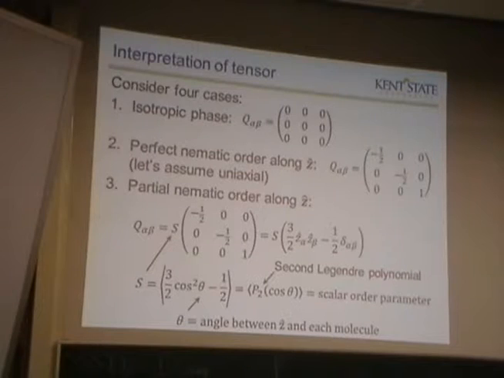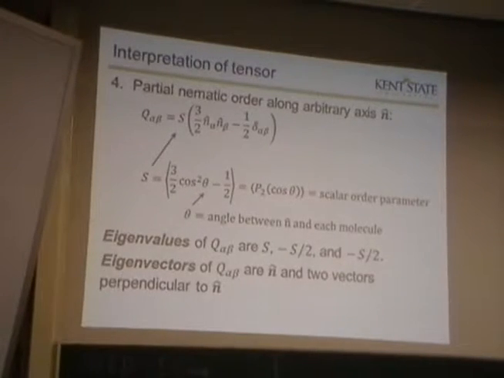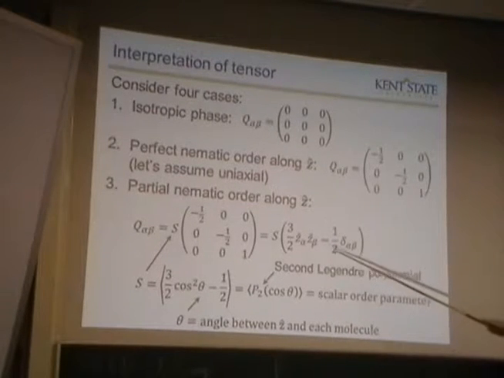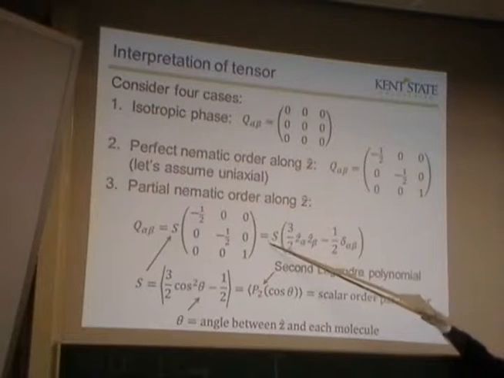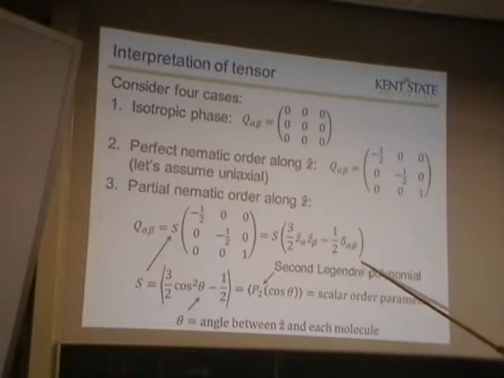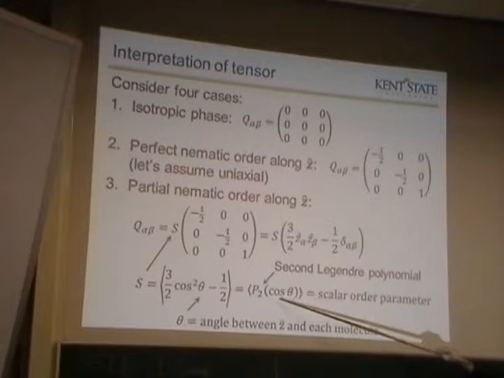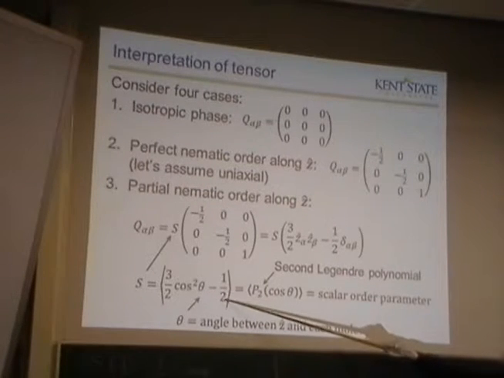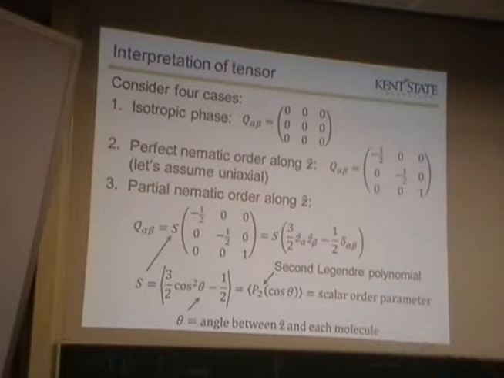All right. What if the order is not in the z direction? What if it's in some other arbitrary direction along an arbitrary axis n? Well, we can reason by analogy, right? If it were in the z direction, we have this factor S times this thing in terms of z, and S is the average of 3/2 cosine squared theta minus a half, where theta is the angle between z and each molecule. Okay?